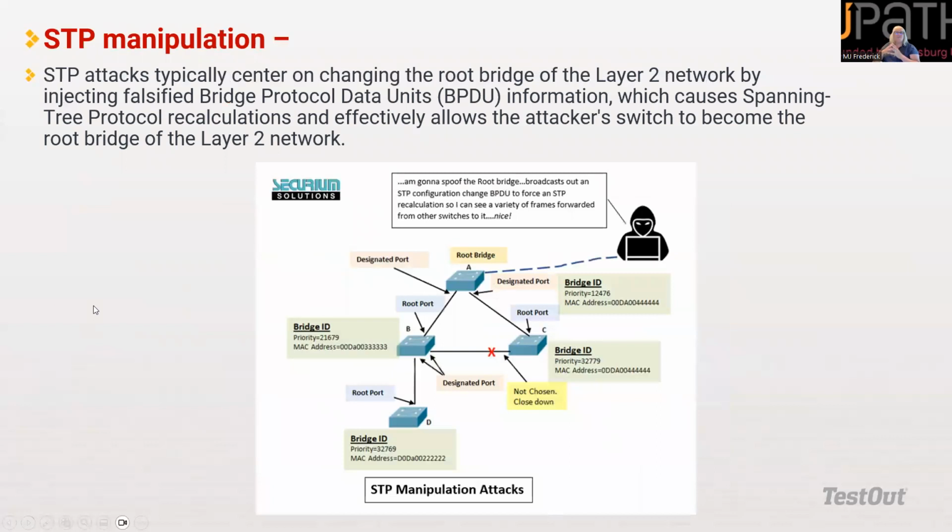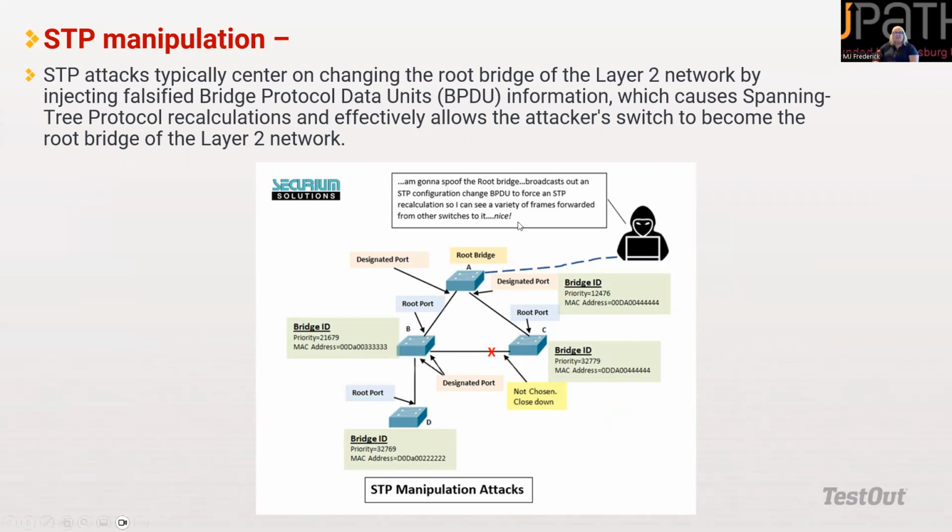We also have spanning tree protocol manipulation. This attack typically is centered on changing the root bridge of layer 2 on your network by falsifying those bridge protocol data units. This causes the spanning tree protocol to recalculate and effectively allows the attacker switch to become the root bridge, unfortunately.